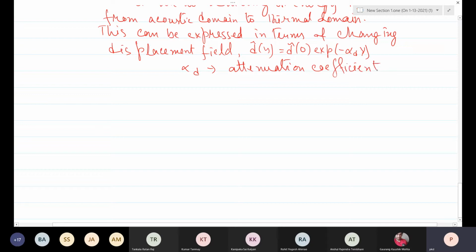Usually it is expressed per unit distance, in meter inverse. So this is the amplitude attenuation coefficient.